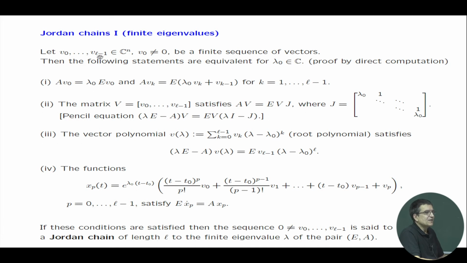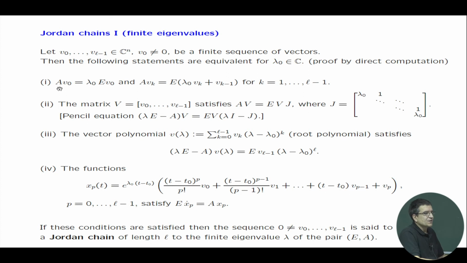Then these vectors form a Jordan chain if and only if all of these conditions here are satisfied. These are equivalent conditions. If one of the conditions holds, then all the others hold. If one does not hold, then all the others also do not hold.